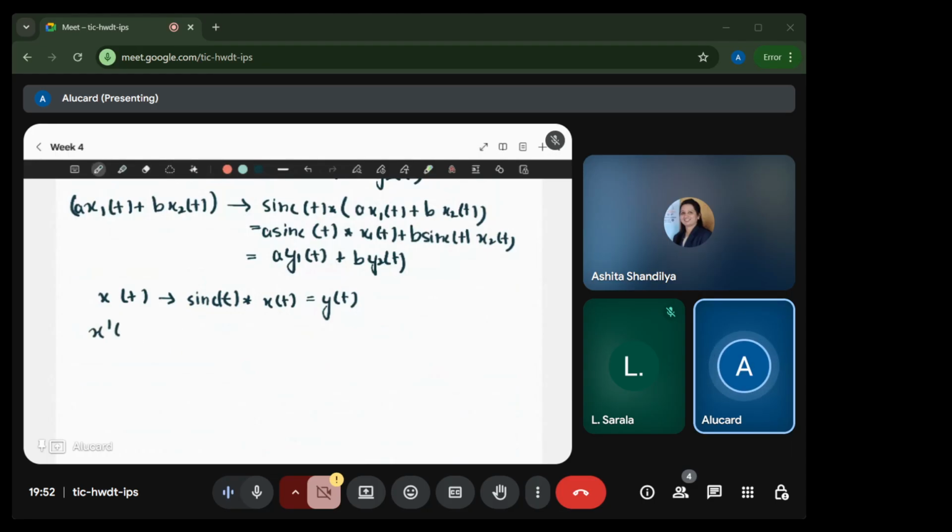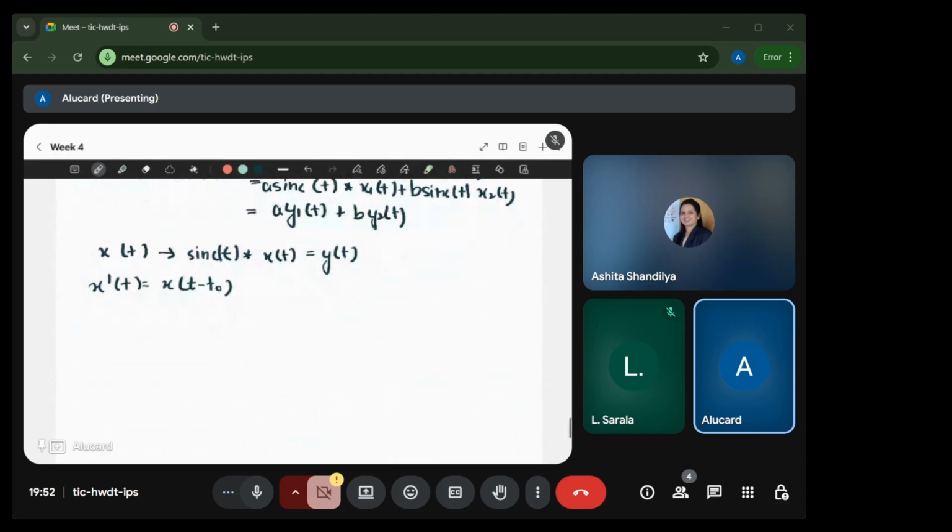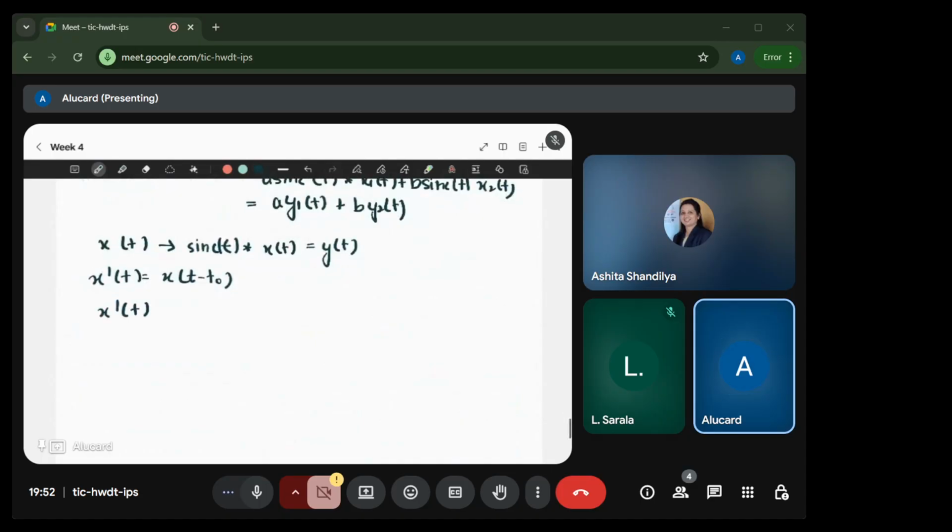Let's say x dash of t is x of t minus t0. Then x dash of t will give you the output sinc t times x dash of t. But x dash of t is x of t minus t0, so you'll get sinc t times x of t minus t0.